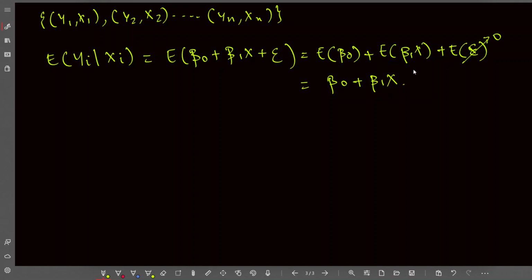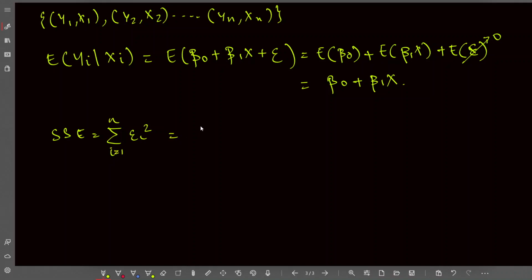So the x values are non-stochastic, and the expected error is 0. This is the assumption that we make when we try to find the value of linear regression, right? Now that we have this, the sum of square errors is given by sigma e_i squared, where i equals 1 to n.